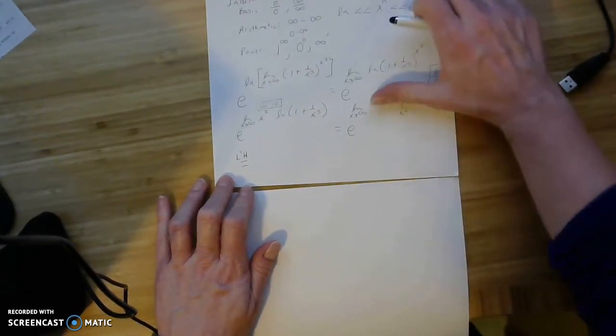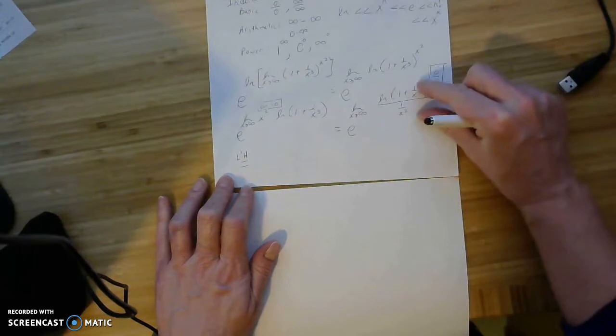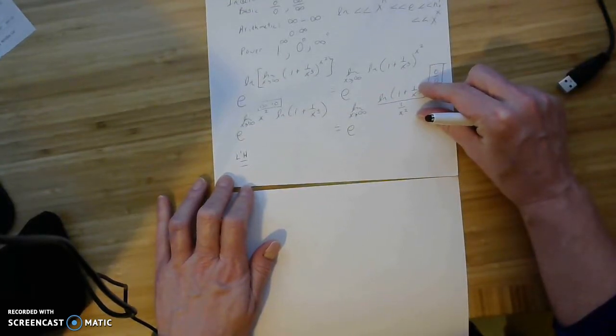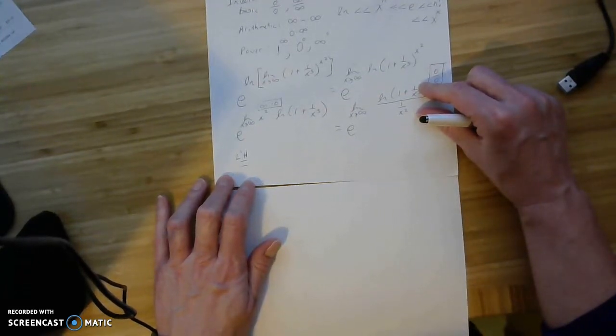Then ignore the top and take the derivative of the bottom, in this case 1 over x squared. Then divide those two derivatives and take the limit of those two in the fraction, and you'll get the same number that you would have gotten from the original limit. That's L'Hopital's rule. But they're not equal except under L'Hopital's rule.